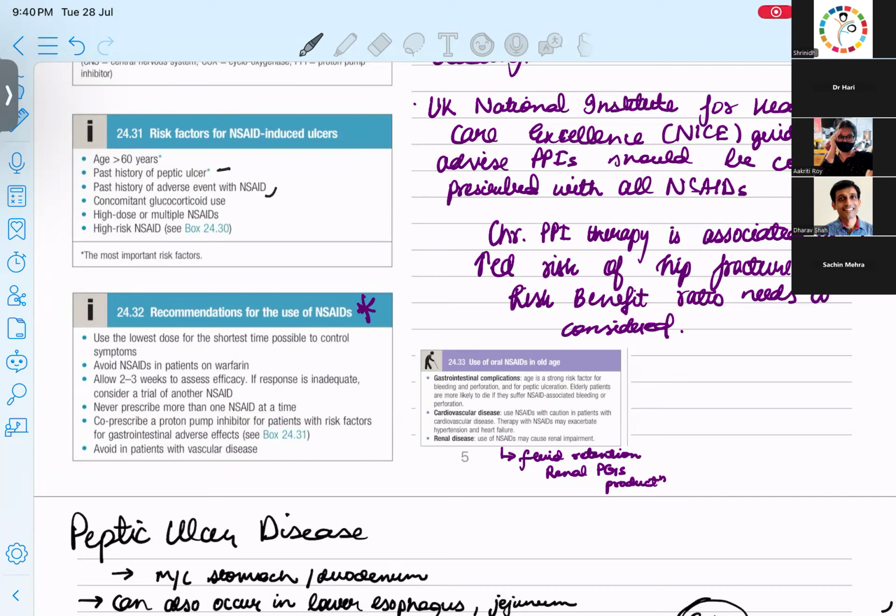Do not continue with the same NSAID if the patient is unresponsive. And never prescribe more than one NSAID at a time. Co-prescribe a proton pump inhibitor for patients with risk factors for gastrointestinal adverse effects, and avoid in patients with any vascular diseases or even the risk of vascular diseases.